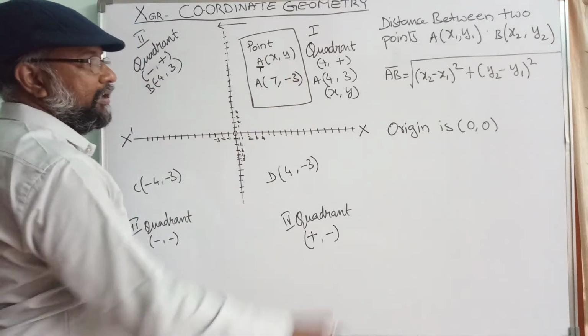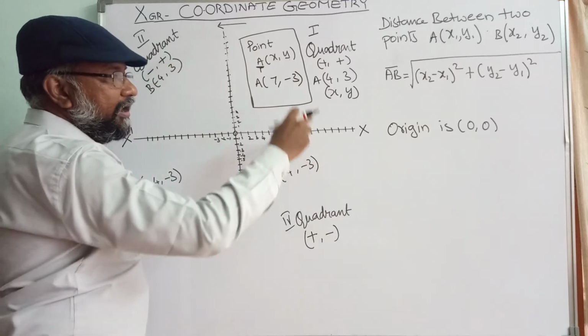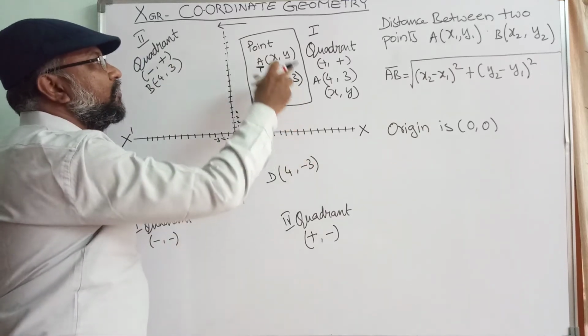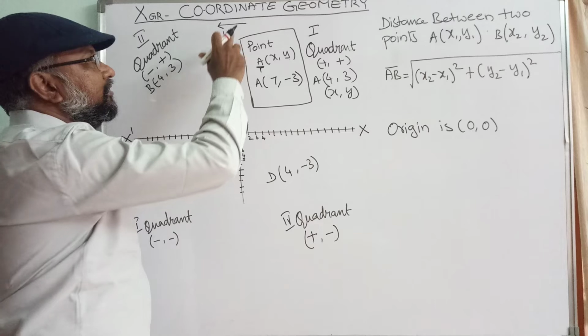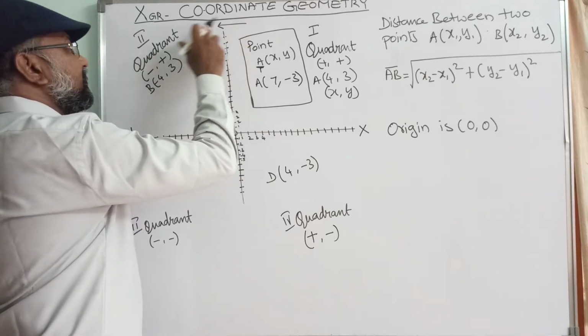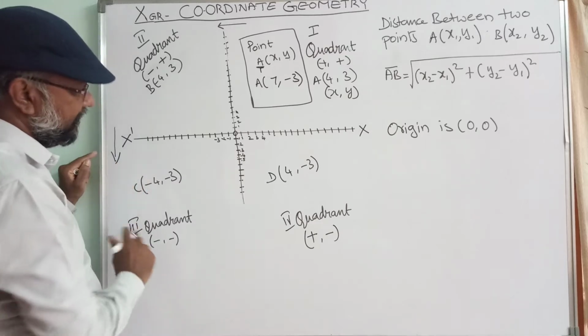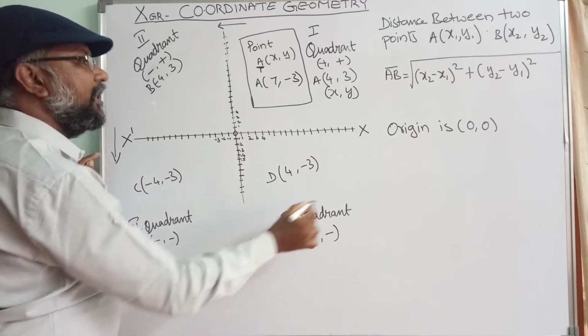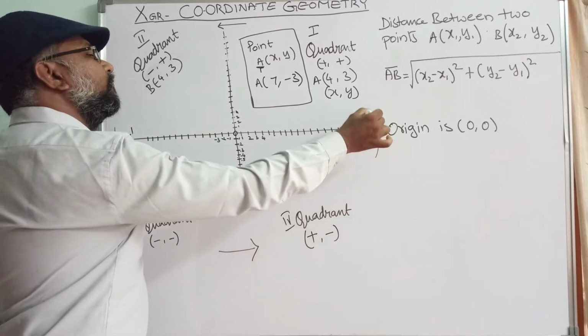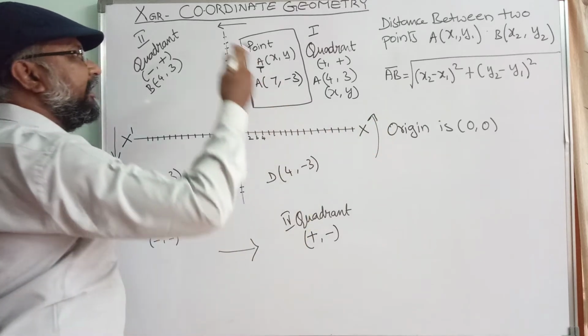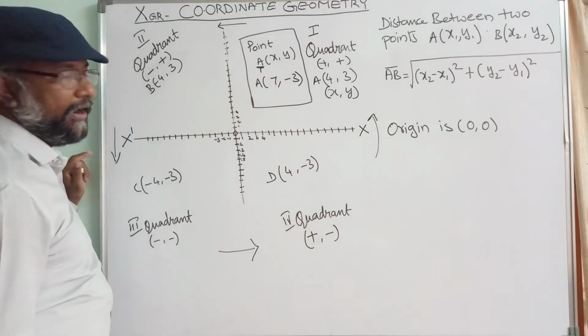Clear? A Cartesian plane is divided into four quadrants in the anti-clockwise direction: first, second, third and fourth, and again it comes to the first. So anti-clockwise direction we have to divide.